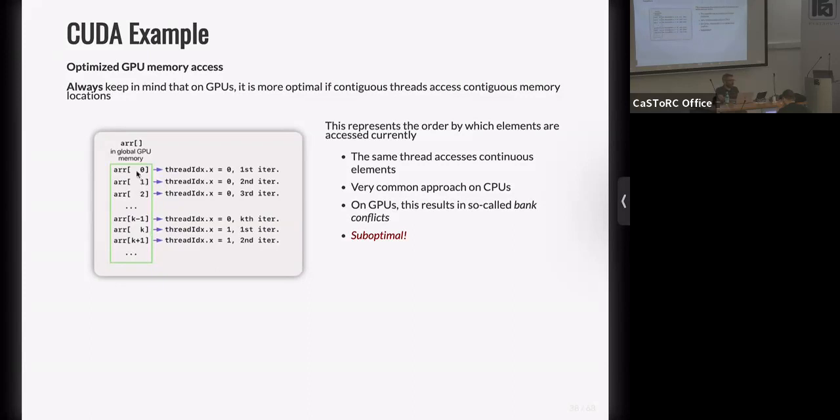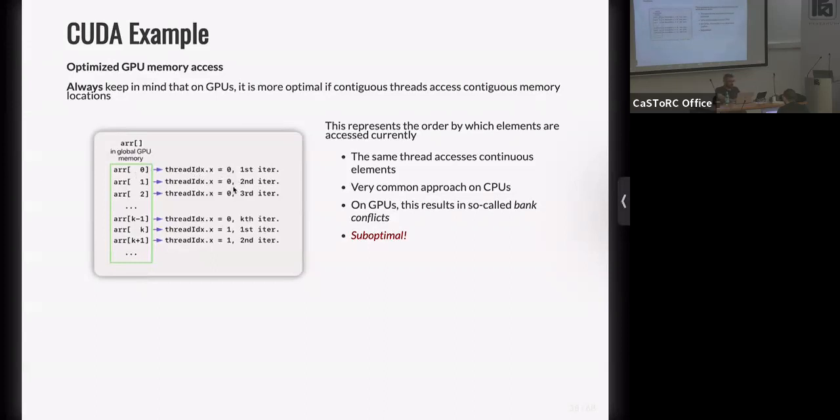You can imagine this is one of the two arrays, either X or Y, it doesn't matter, laid out in memory like this. The 0th element is at the top, then comes element 1, 2, up to element n. In the first iteration, the thread with index 0 reads the 0th element.